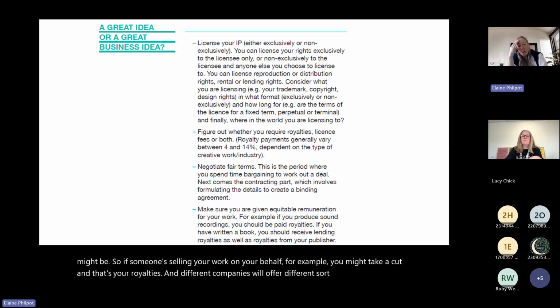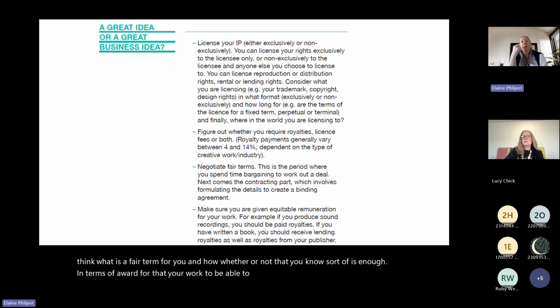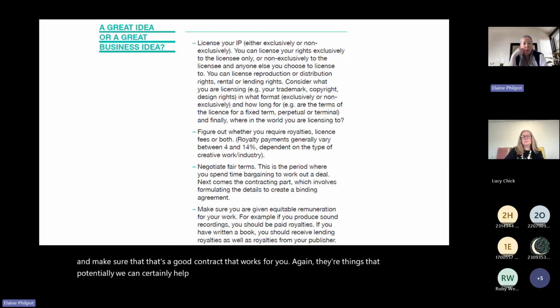And you need to think what is a fair term for you, and whether or not that is enough, in terms of reward for your work, to essentially bring in enough money, and make sure that that's a good contract that works for you. Again, they're things that potentially we can certainly help the beginnings of that. We're not IP experts, but we can point you in the right direction.